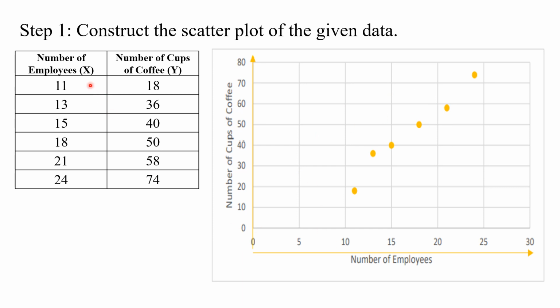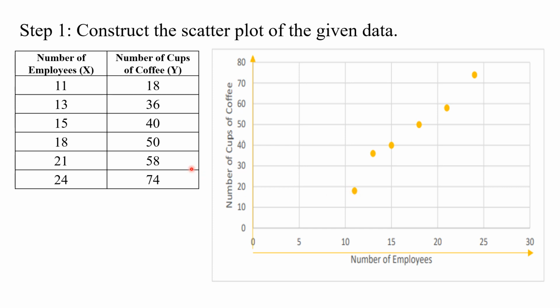So, for example, yung first data given, which is the 11 employees with 18 cups, si X, nasa horizontal axis yan. Then, si Y, nasa vertical axis. Ayan. Okay, so yung first is 11 with 18 cups. So, 18, assume natin na nandito yan. So, yung first point, ito yun.